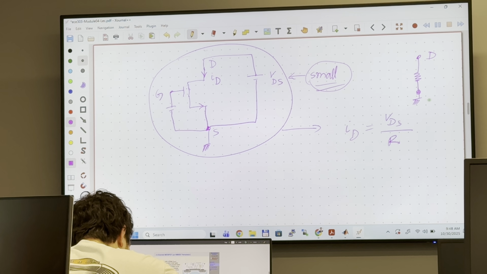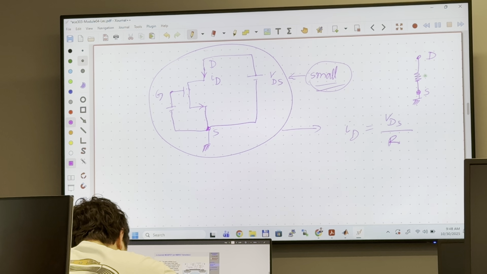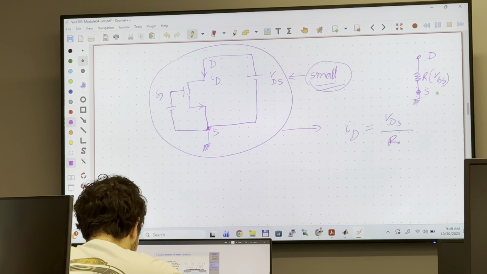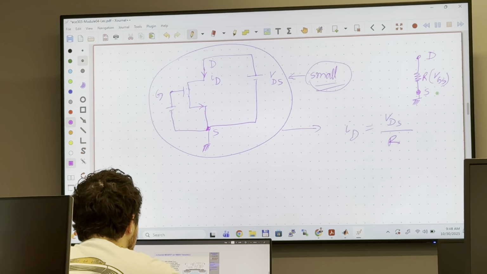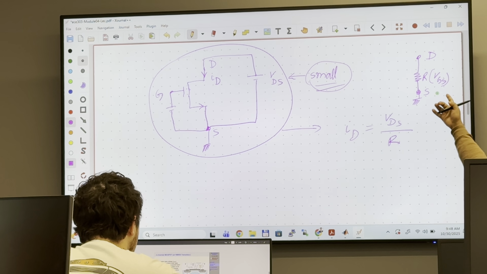This you will not find in the book. This is your source, and then you have this resistance, and this resistance is going to be a function of VGS. So now this resistance can vary using VGS.